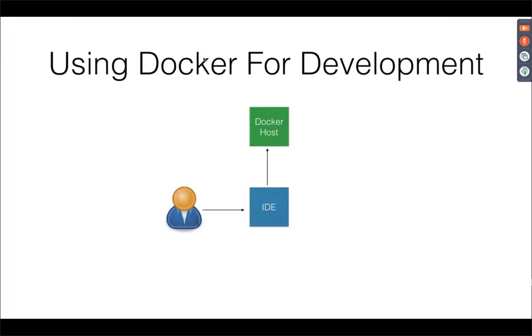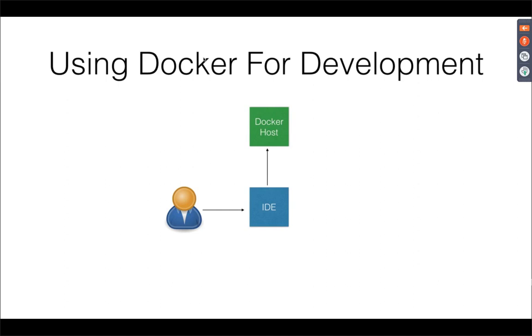Okay, so generally, how do we do development? As a developer, we have our IDE on which we code, and then we deploy our application using the IDE, and that's how the typical workflow looks. But here, we are going to introduce Docker in between.